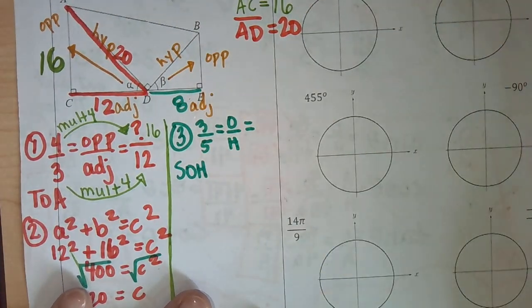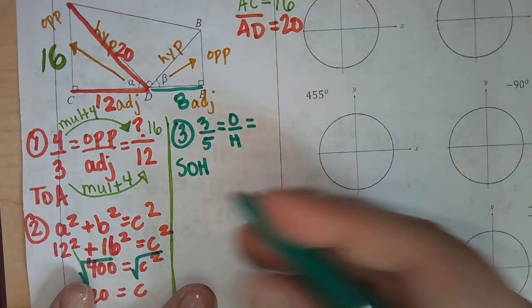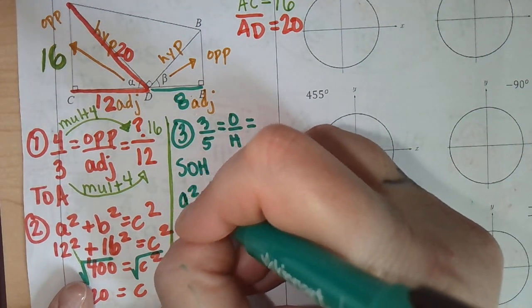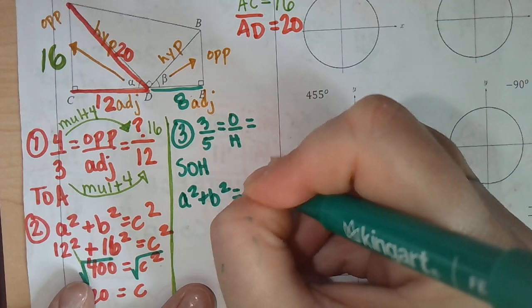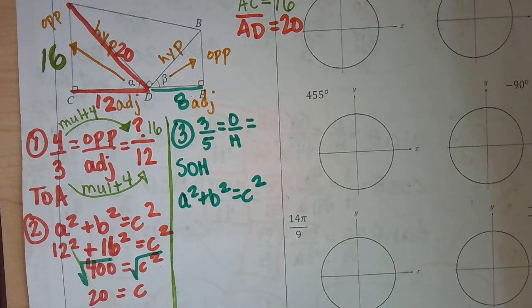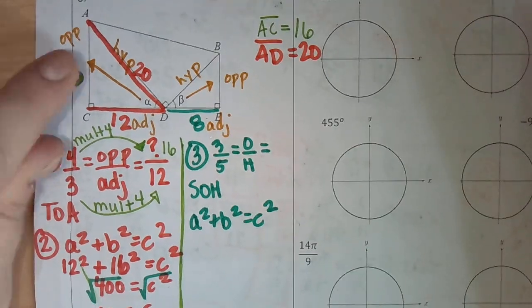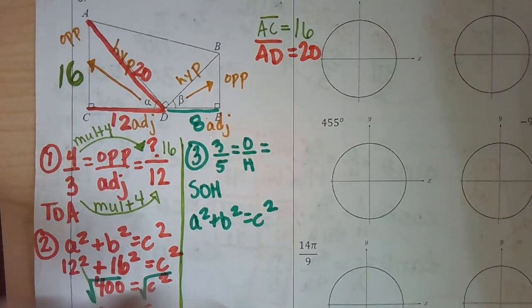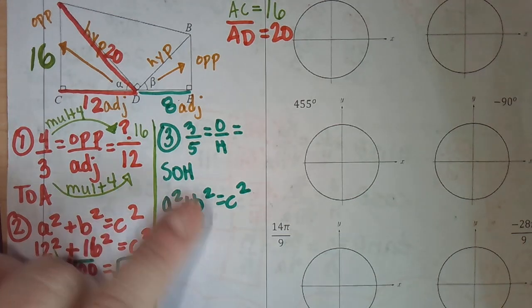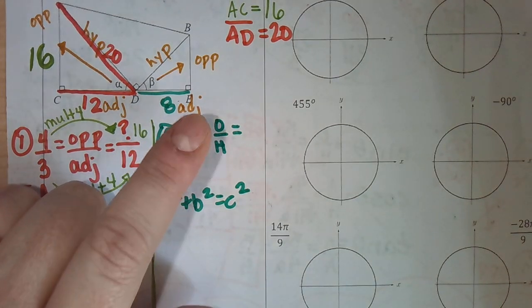Well, let's maybe mess around with the Pythagorean theorem. Let's say a squared plus b squared equals c squared. Only instead of using the 12 and the 16 like we did for this left triangle, I'm going to use the OG 3 and 5.